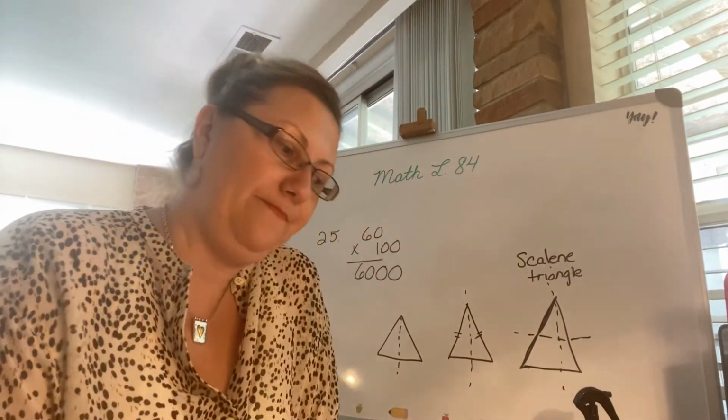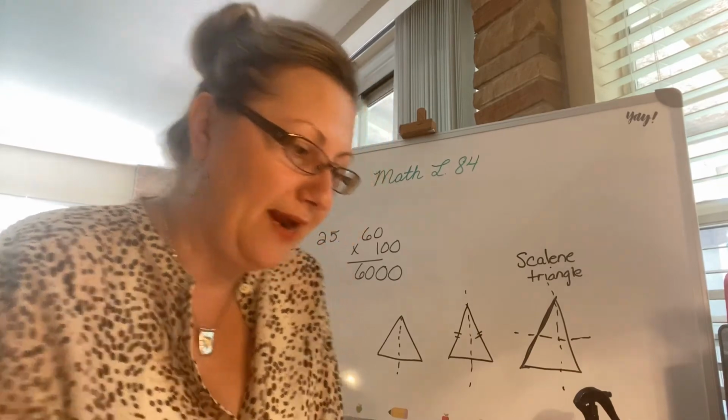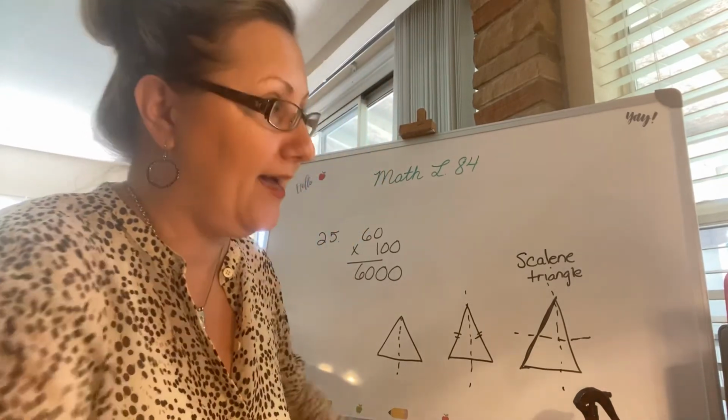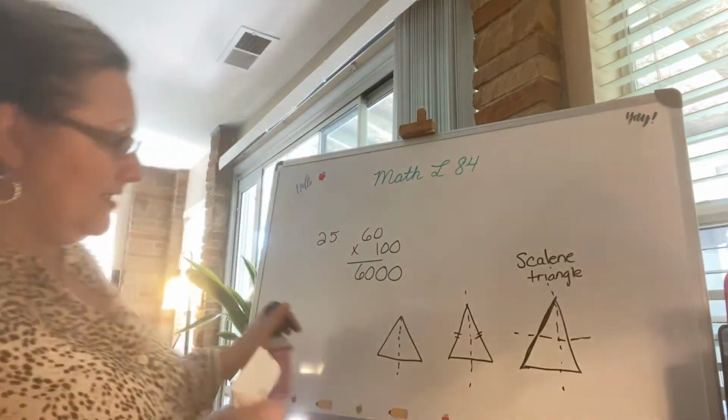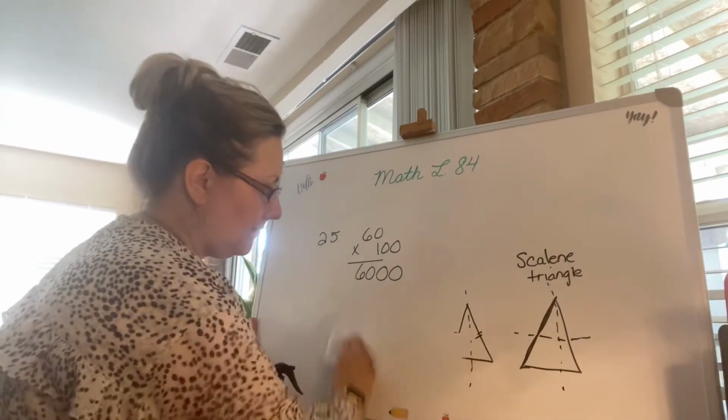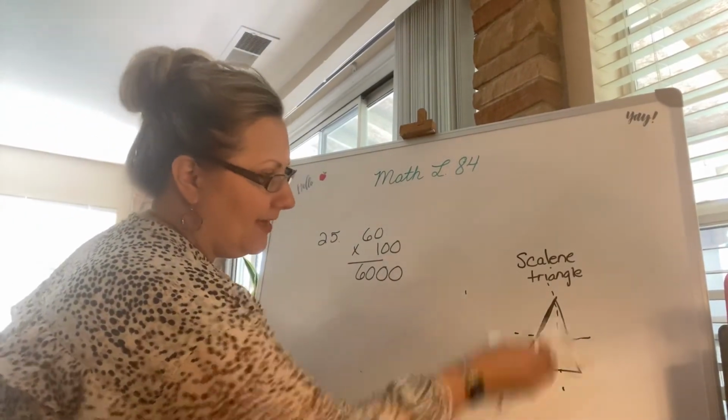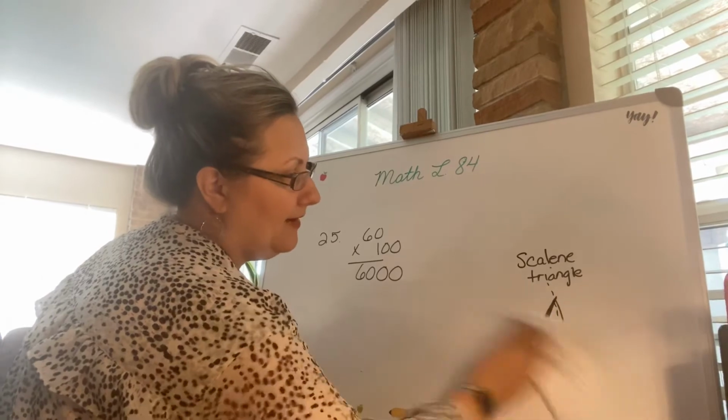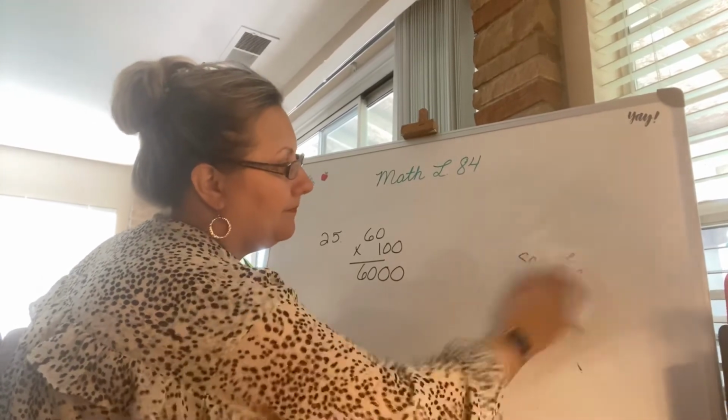Number 29 says, name a pair of parallel edges in the figure at the right. If you could read it and think about it while I get my board ready.